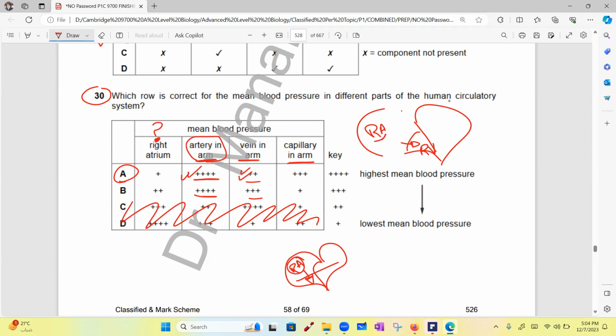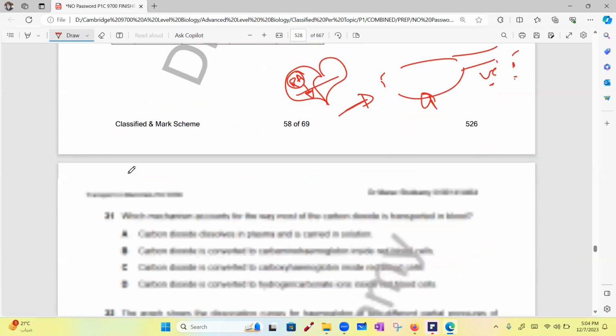So it has to be A. The capillary has more pressure than the vein. Remember the capillary bed? We said that the vein is the last vessel after the capillary bed. The pressure is highest in the artery, and then arteriole, and then capillary, and then vein. The vein has the least pressure. So the answer should be A. Do you all understand how or why we chose A?